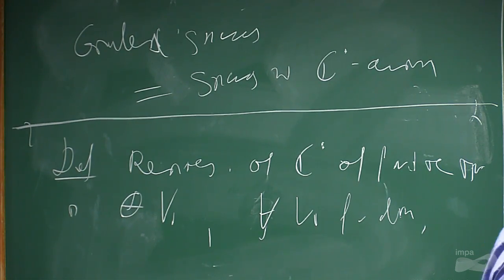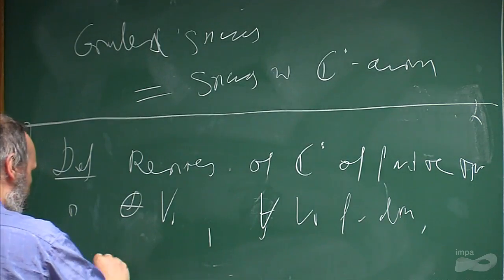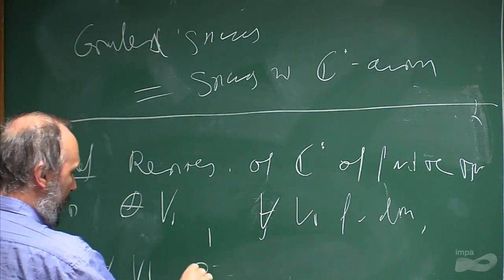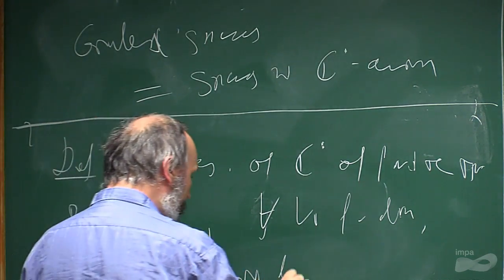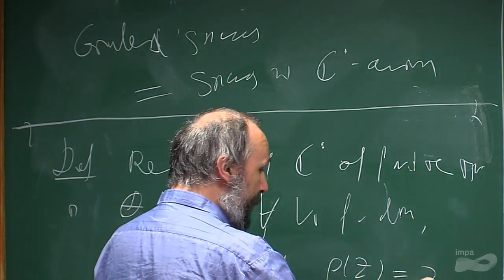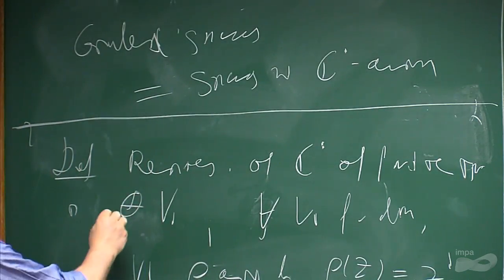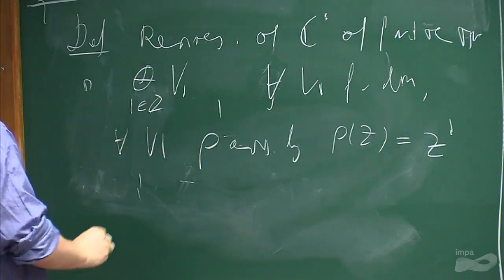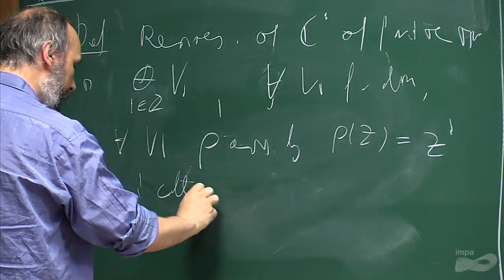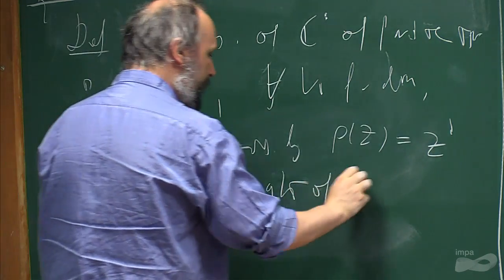By the way, this thing is called weight. On each V_i, rho acts by rho of z is z to the power i, where i belongs to the integers. i is called the weight of the C star action.